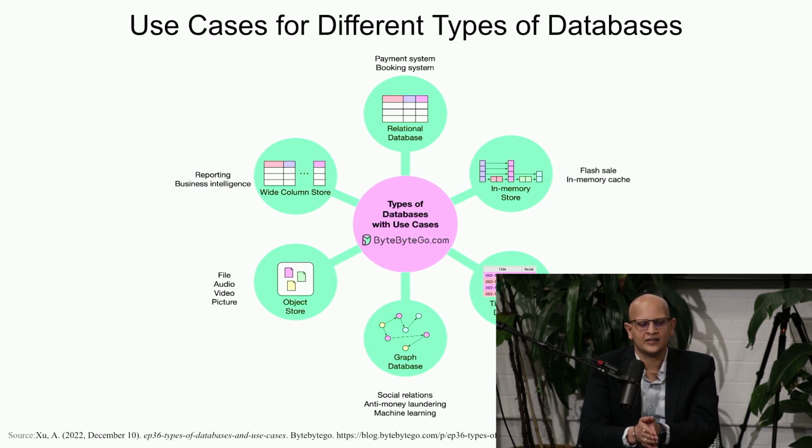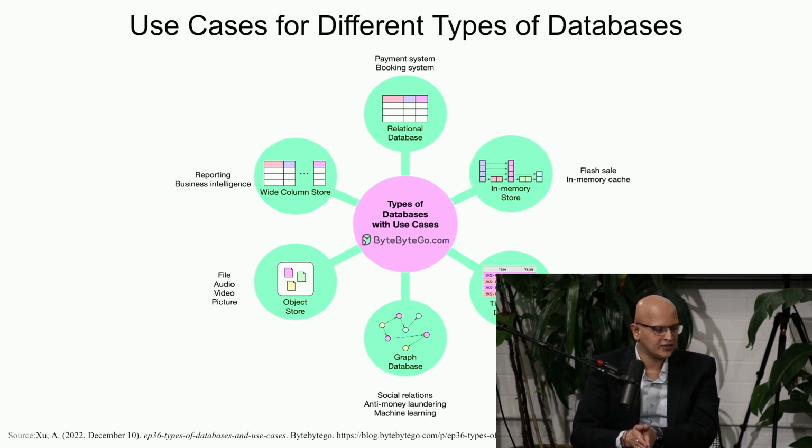As I said, we'll go through different use cases. Relational databases you basically use for payment systems, booking systems, even storing your daily transactions. Then, as a friend over here said, column storage databases are used for business intelligence. Then you have object stores, which store files, audio, and pictures.